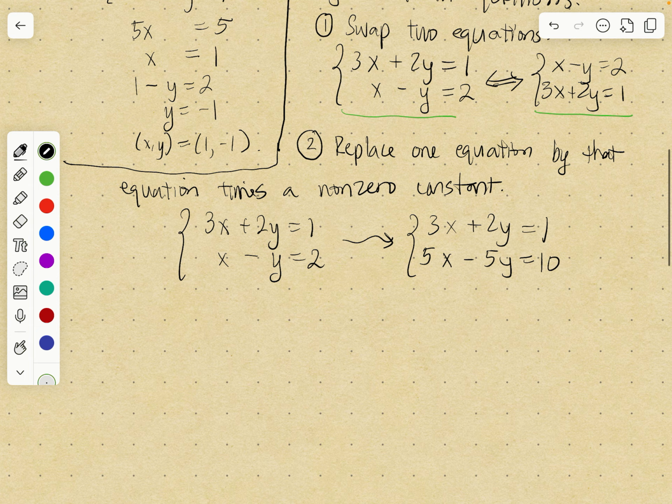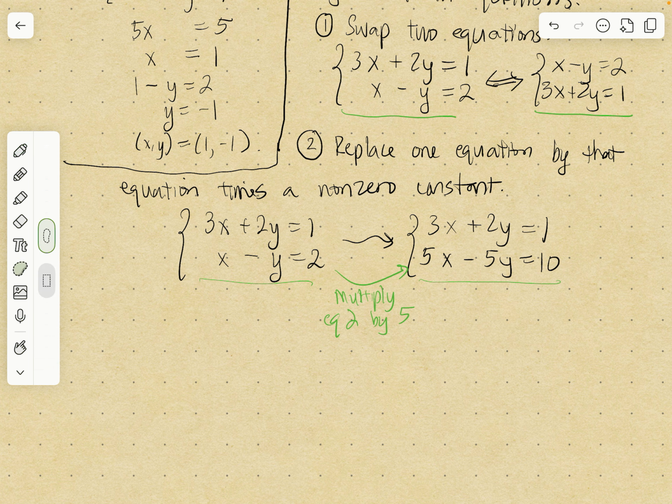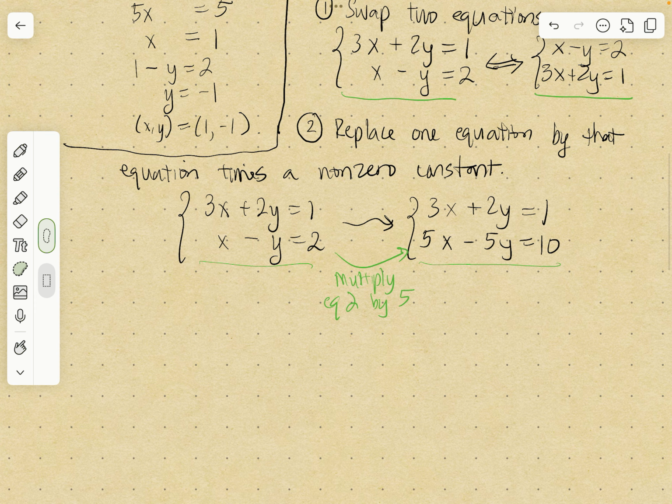Now, this second system is not any easier to solve than the first system. But the point I'm trying to make is that multiplying equation 2 by 5 is not going to change the solution. So if I solve this system of equations, I'm going to get the same x and y as when I solve the other system, okay?